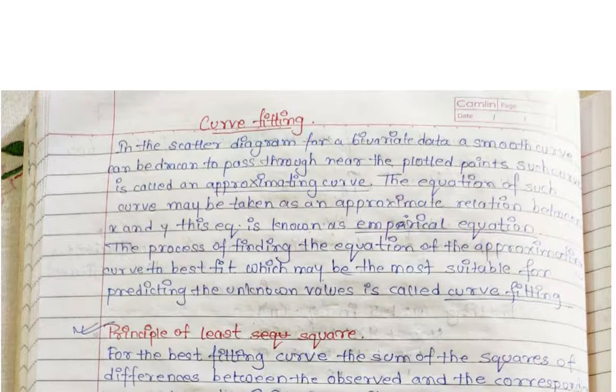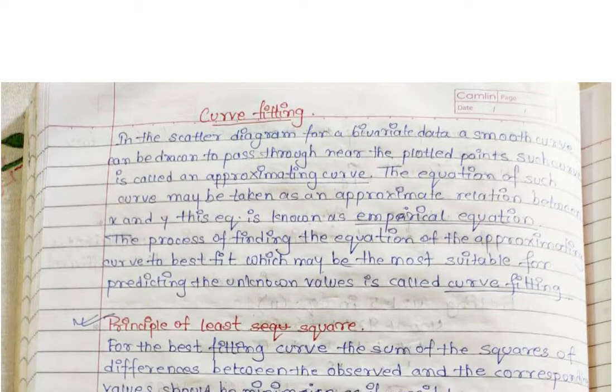We have learned about bivariate data, that is, whenever two sets of data are given, and from the bivariate data we can draw the scatter diagram. From the scatter diagram we can see whether the data are positively correlated, negatively correlated or uncorrelated. But what will be the nature of the data?